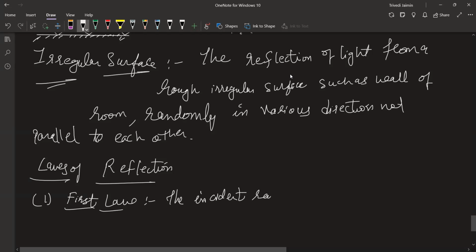They meet at the point of incidence. The point where they meet is called the point of incidence. Exactly. Incident ray, reflected ray, and normal.